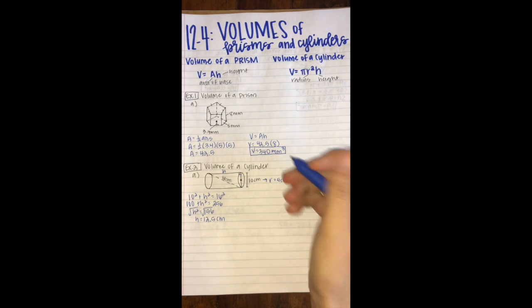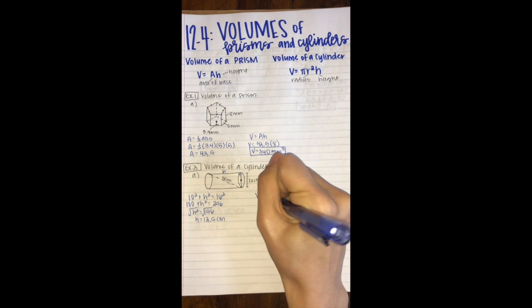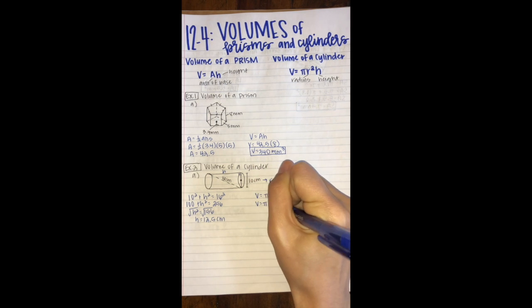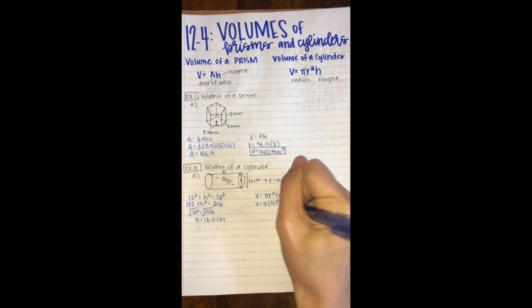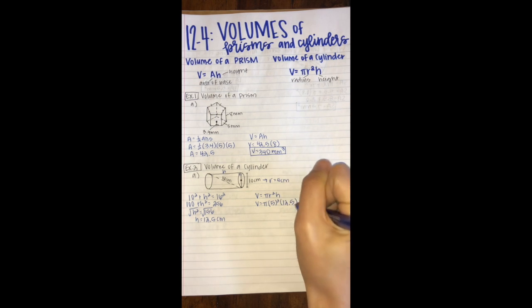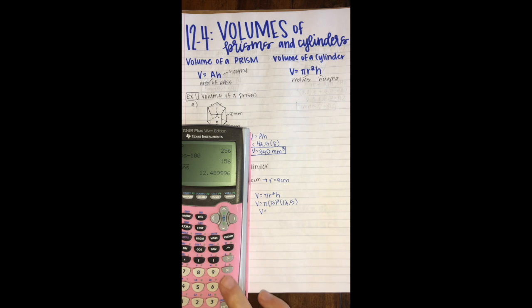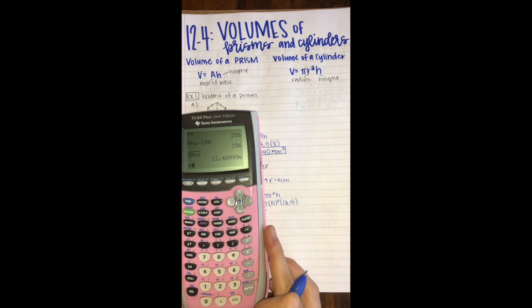Okay, so now we're ready to do our volume. So volume equals pi r squared h. So pi times 5 squared times 12.5. And we're going to put that in our calculator. So pi times 5 squared times 12.5.